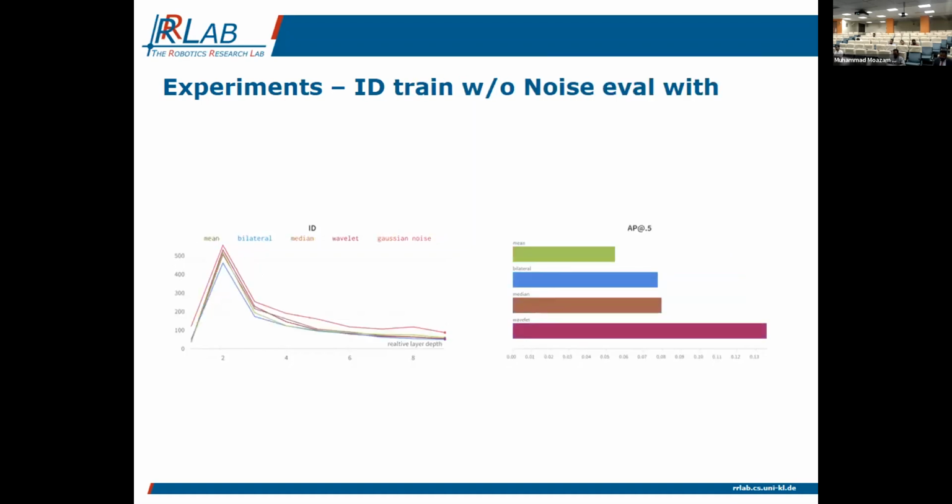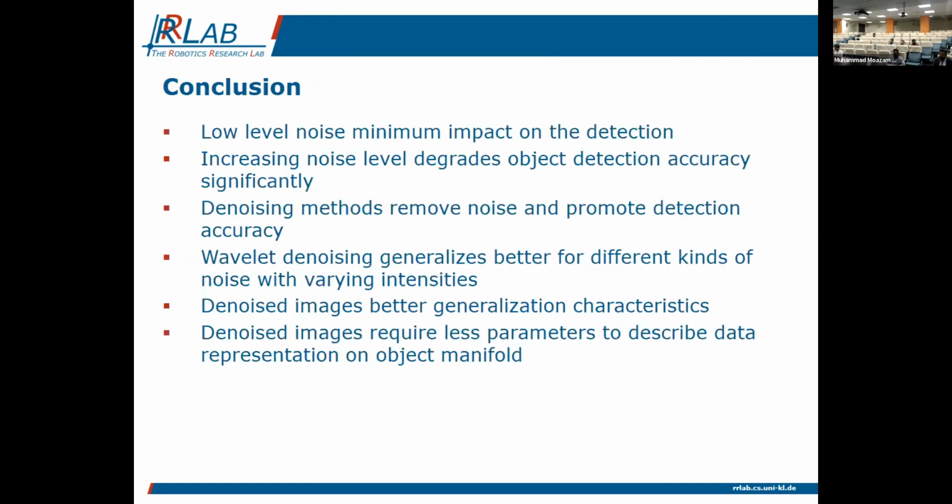Yeah, this is a little bit more of that compared to average precision, I think. So yeah, then just let me come to a conclusion. Obviously, we didn't need to prove it. We already knew that low level noise would have minimal impact on the performance quality, and progressively with introducing more noise, it would become worse.